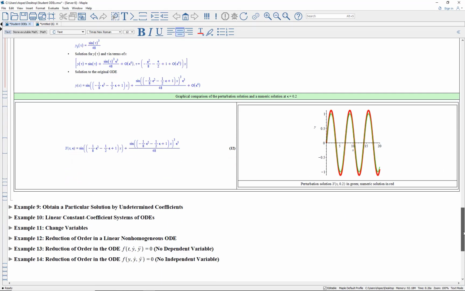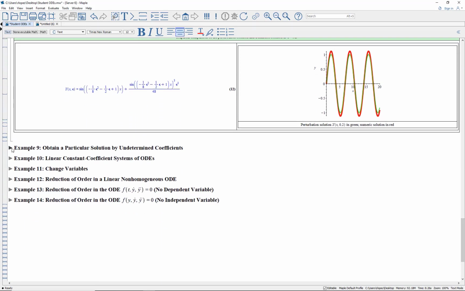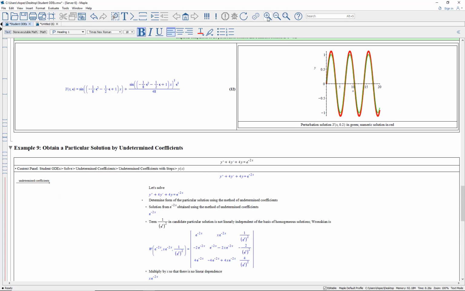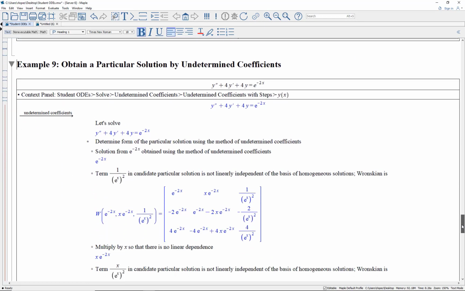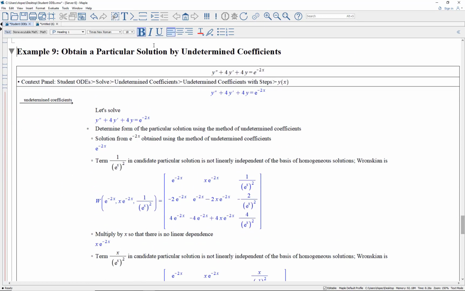For our next example, I think I'll restore the magnification here. Let's implement undetermined coefficients. So we're going to find a particular solution for this differential equation by the method of undetermined coefficients.